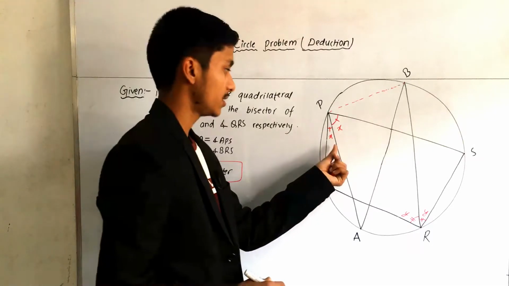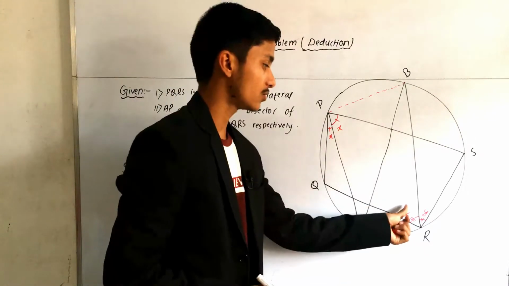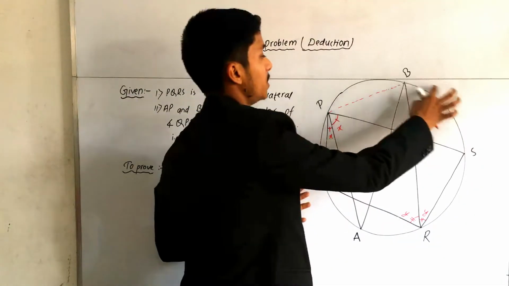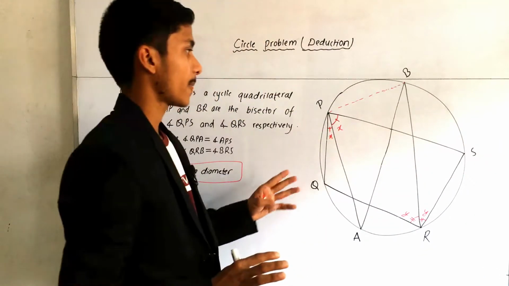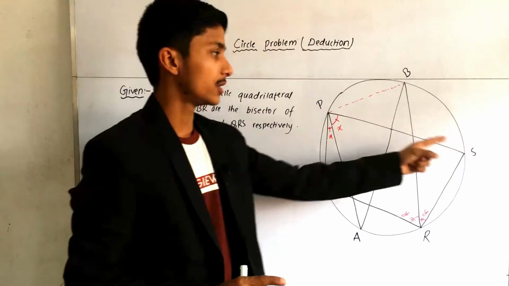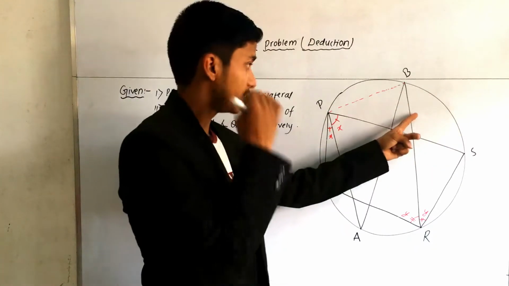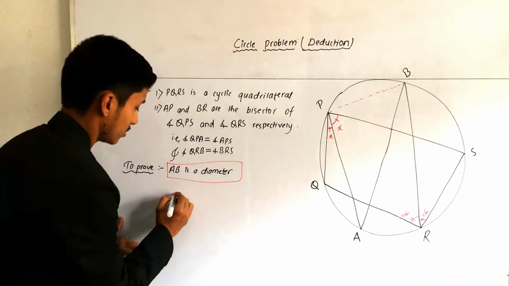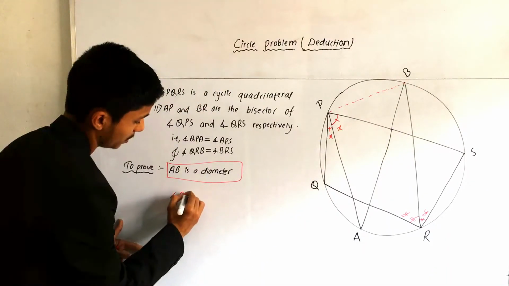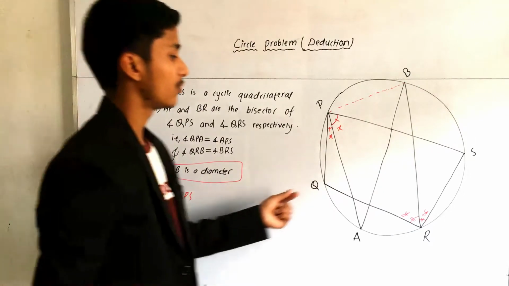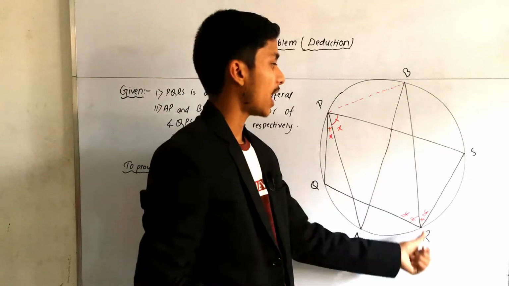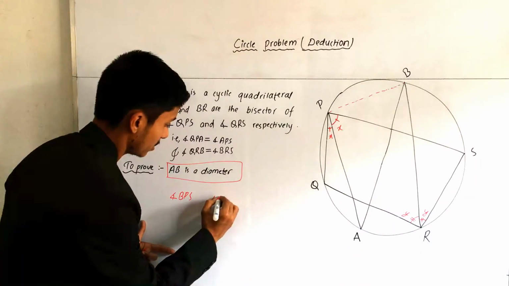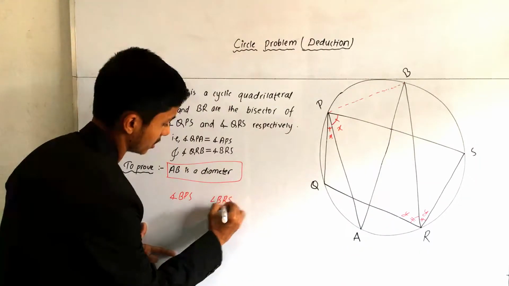Here you can see this is x, this is x, this is y, this is y. BS is an arc, and on arc BS there are two angles: angle BPS and angle BRS.